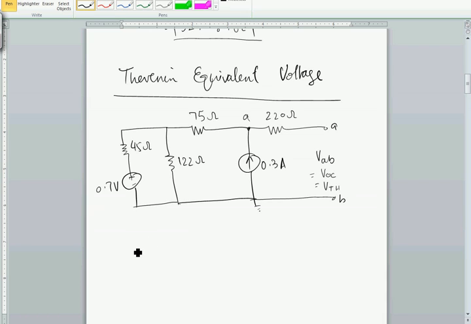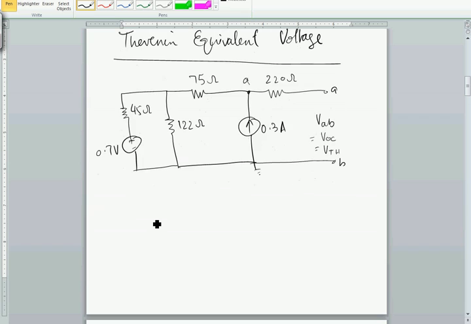So let's see which method will be the best to find the open circuit voltage. We can either use nodal analysis, or we can use mesh analysis.